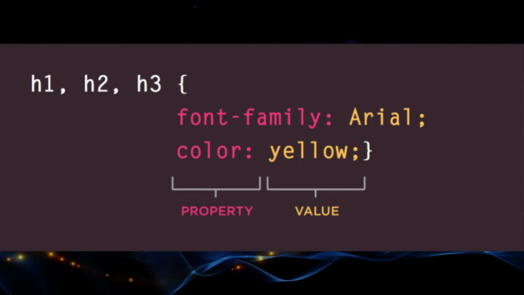So we have two declarations, and every declaration has a property and a value. This particular CSS rule has two declarations, font family and color.